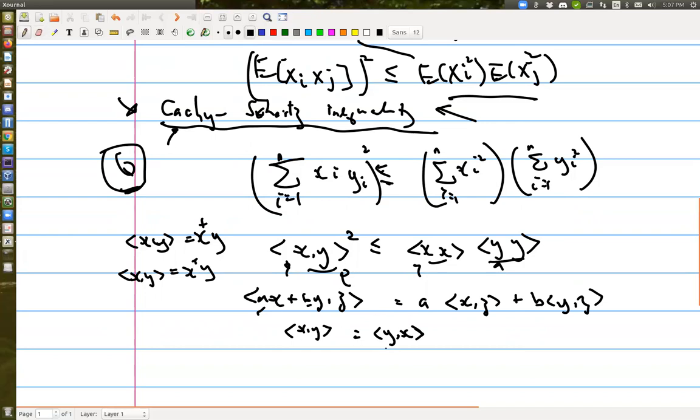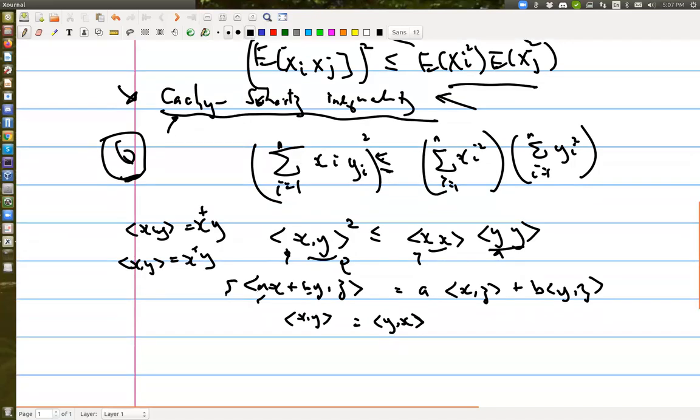The inner product of X with itself must also be bigger than or equal to 0, because the inner product with itself specifies the norm, and the norm had better be nonnegative.